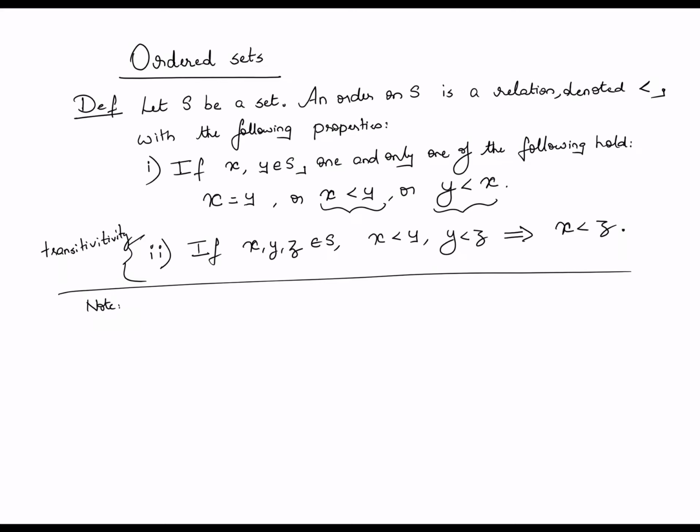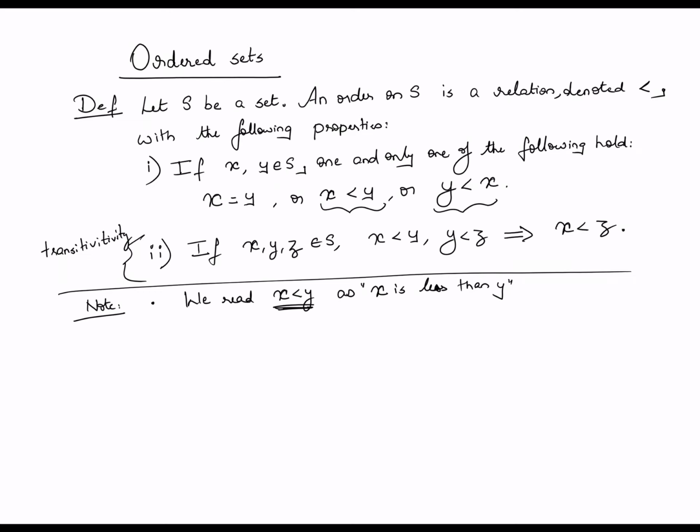Let me now give you a couple of things to keep in mind. Firstly, I've already been doing this, but I read this assertion as x is less than y. I use this because we are used to using the symbol to mean less than. So x is less than y is just an English way of saying this. Okay, but x and y need not be numbers.